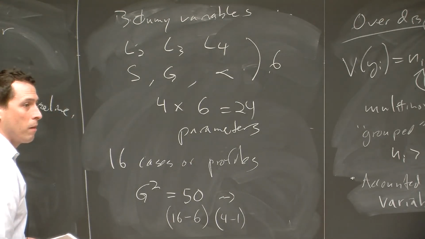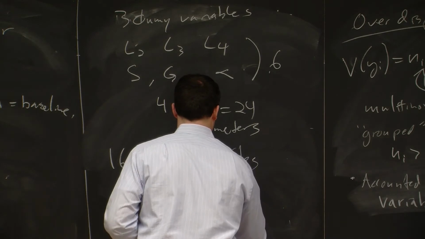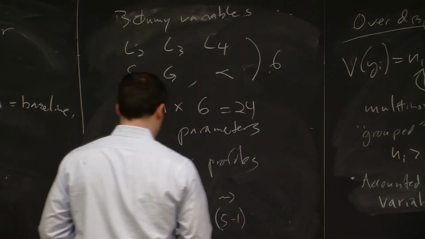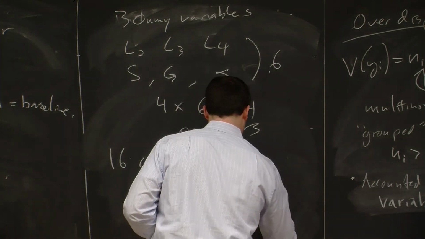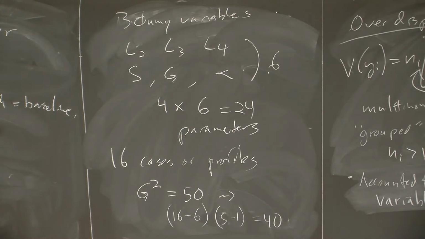Why would it not be 5? 5 minus 1. So what's that? It's 40, right? 5 minus 1. So that P is the parameter count, right? Not the predictors.